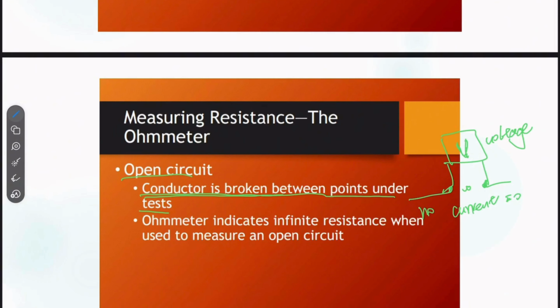Because we have an open circuit, there's an open here, so the current cannot flow. If we plug the voltmeter here, that will give us the full value of the power source. An ohmmeter indicates infinite resistance when used to measure an open circuit. So for open circuit, R equals infinity. So when we use the ohmmeter, that will give us infinite resistance.